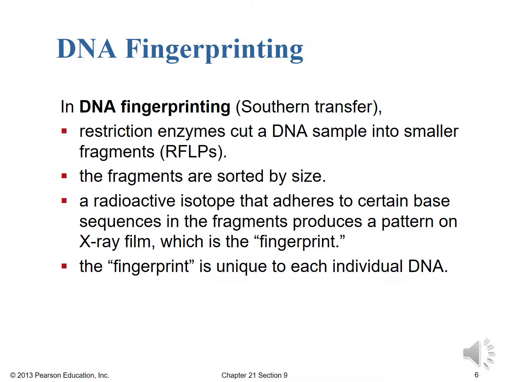And that fingerprint is unique to each individual DNA. So this is one way that you can determine the identity of, say, a criminal in a forensic setting, through DNA fingerprinting. Of course, this would rely on you having lots of DNA of that suspect at the scene.